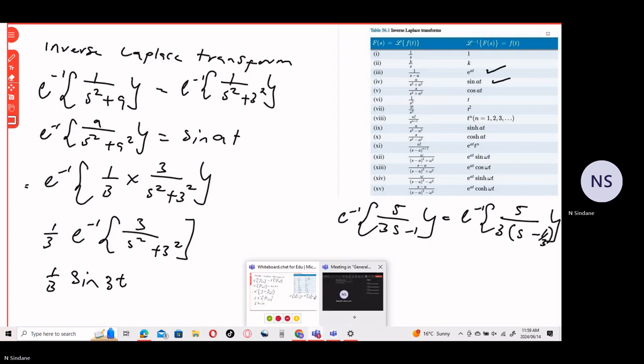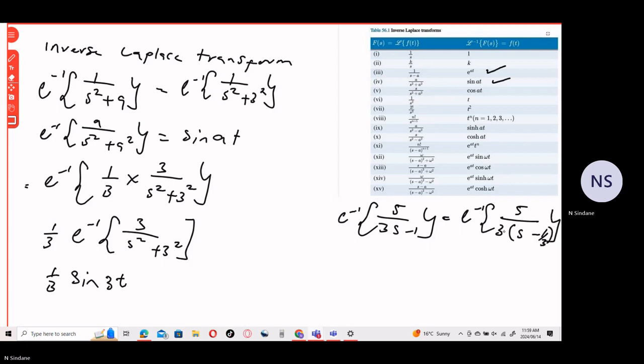What did I do? I made sure that the coefficient of s is equal to 1. Then I can take out this 5 over 3 outside, which gives me 5 over 3 times the inverse Laplace of 1 over s minus 1 over 3.